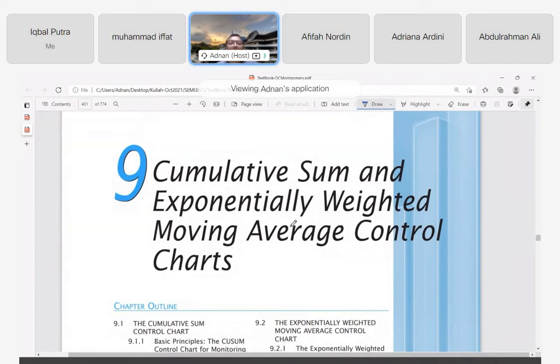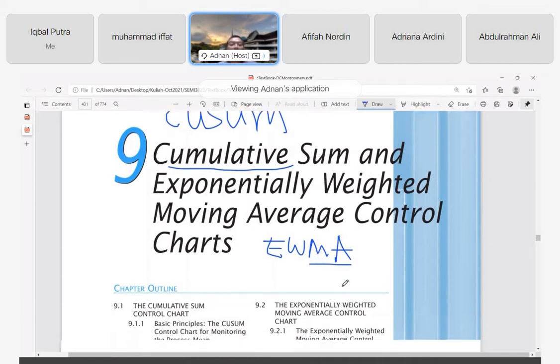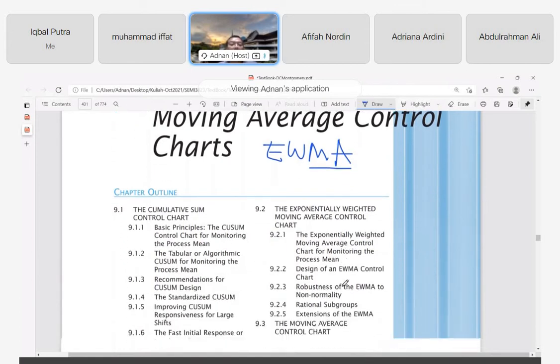Cumulative sum in short form we call CUSUM. Exponentially weighted moving average we call EWMA, where MA is moving average.